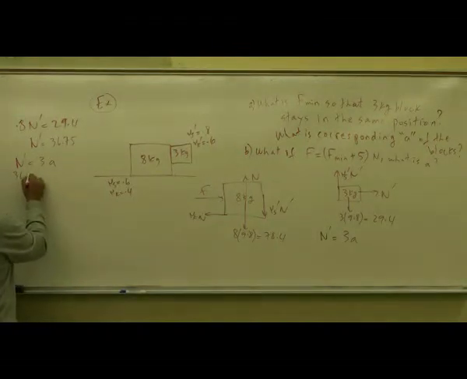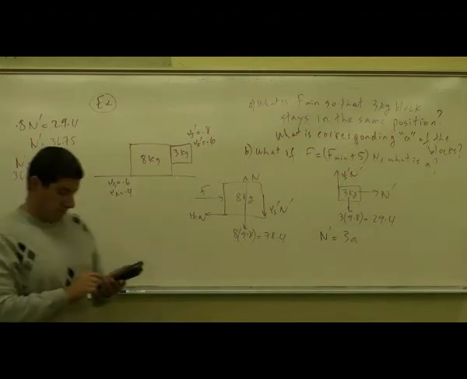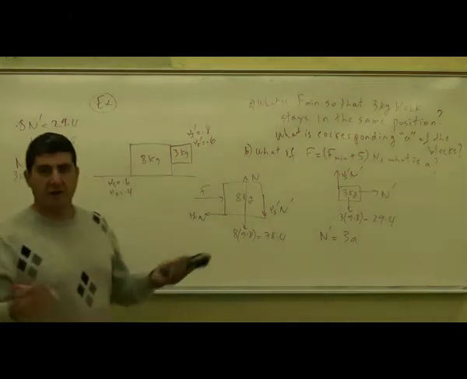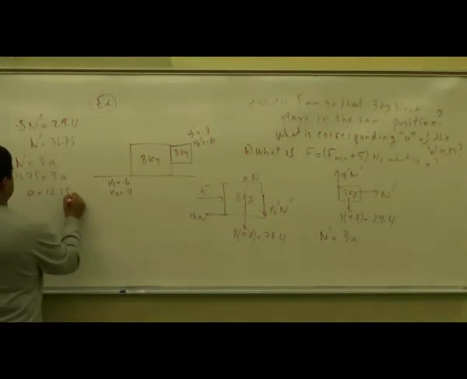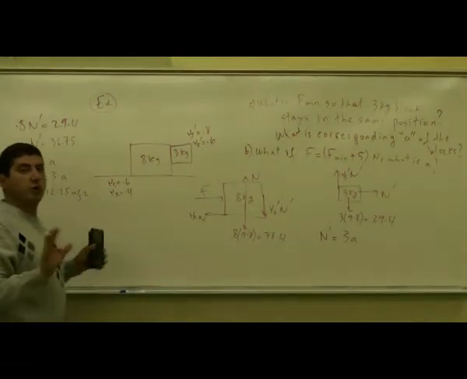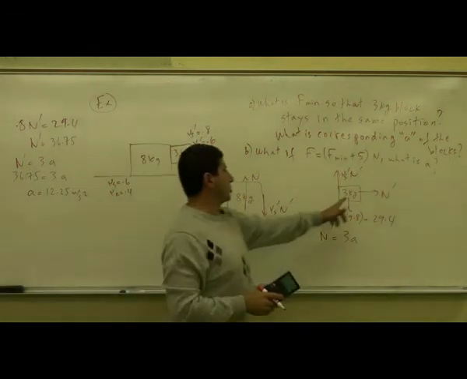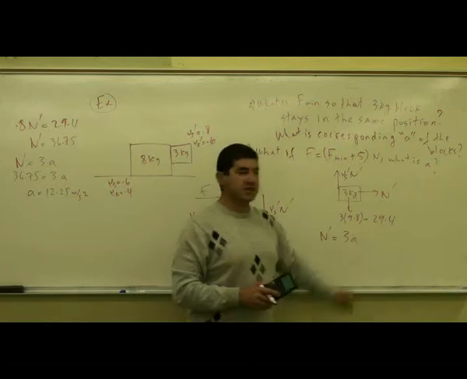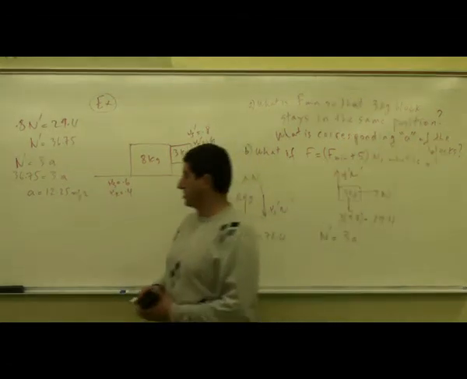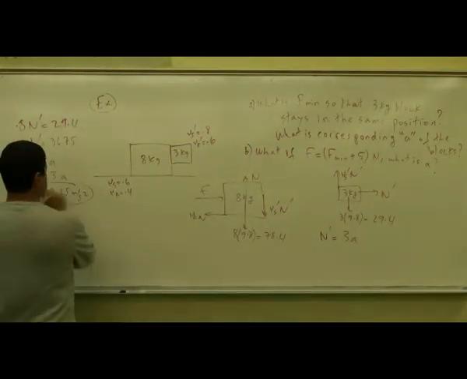Therefore, 36.75 equals 3A. You divide, and you get 12.25. In other words, we already know that in order for this to stand still and accelerate with the system, it's got to accelerate at a rate of 12.25 meters per second squared.